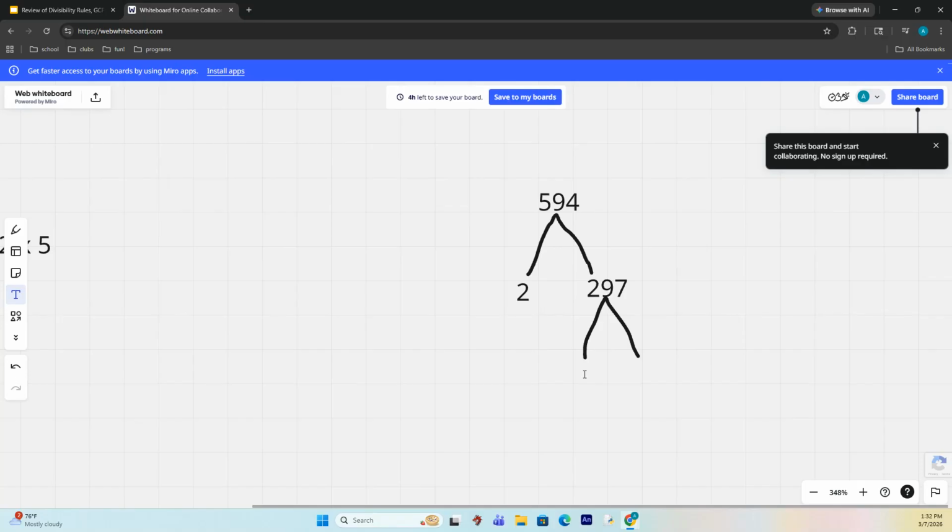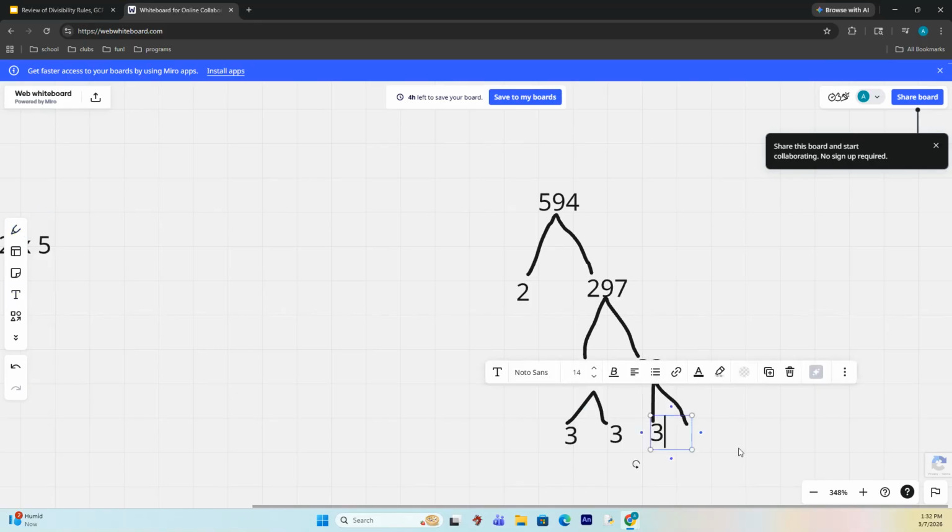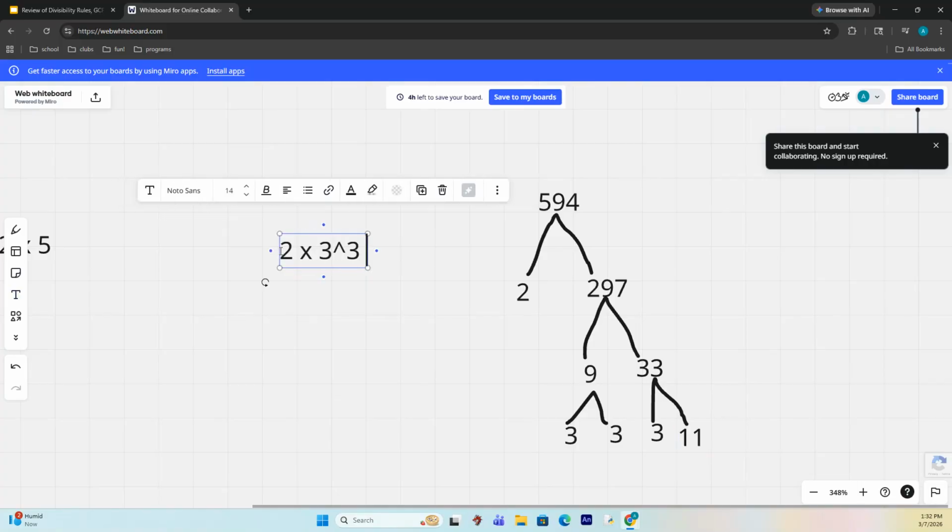So you can divide this into 9 and 33, which from there can be divided into 3 and 3. And 33 obviously could be divided into 3 and 11. It's giving us the final prime factorization of 2 times 3 to the third times 11.